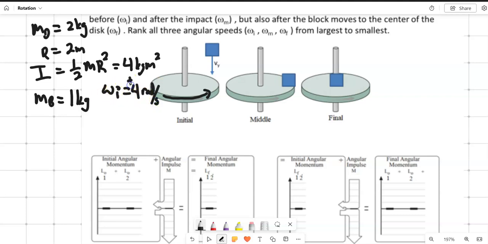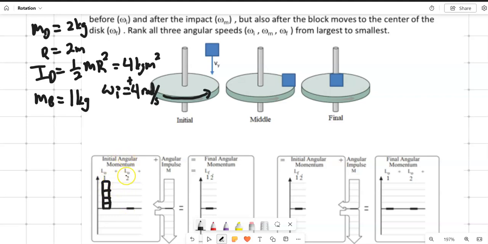And that's going to be positive because it's rotating counterclockwise, right? So the disk's moment of inertia is going to be 4 kilogram meters squared, and the angular momentum of this disk is going to be about 16. So let's give this 4 blocks of positive angular momentum right here.